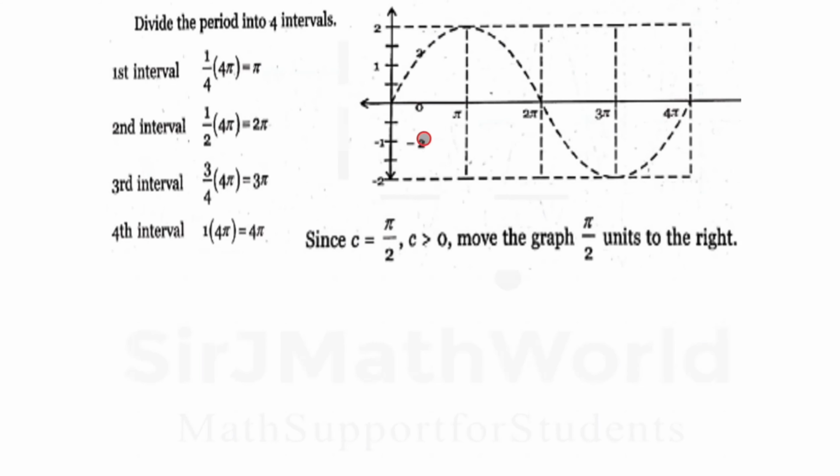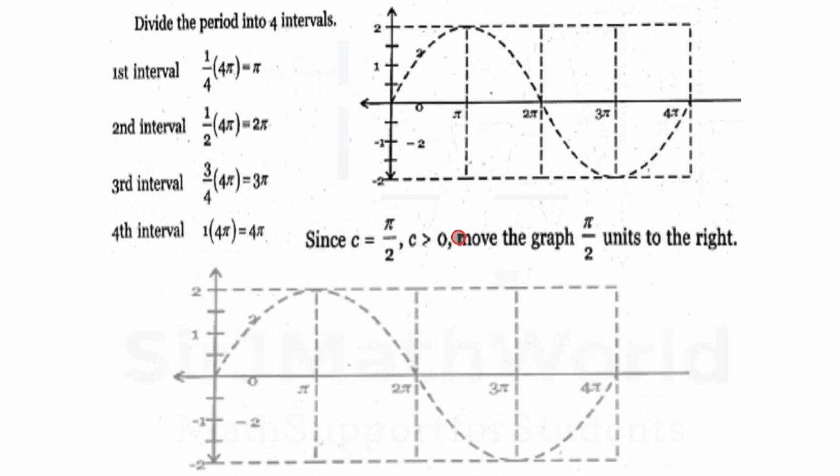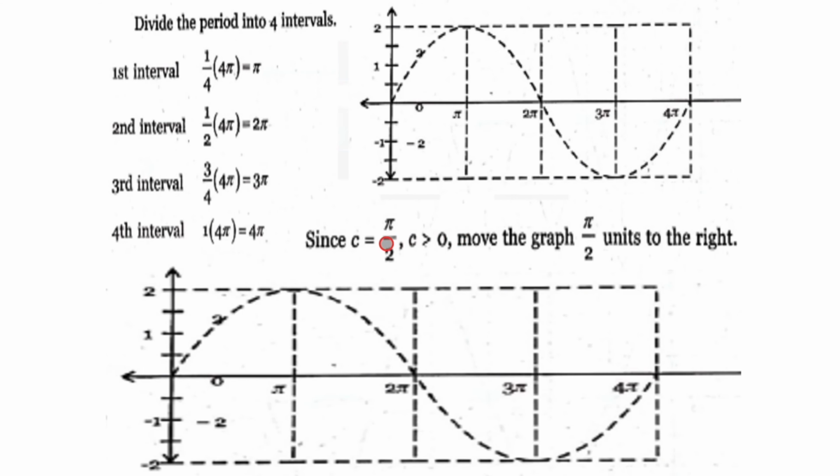So we will not start at 0, although the original given, if we graph it in the original form, would start at 0. Since it has a pi over 2, we move pi over 2 to the right.